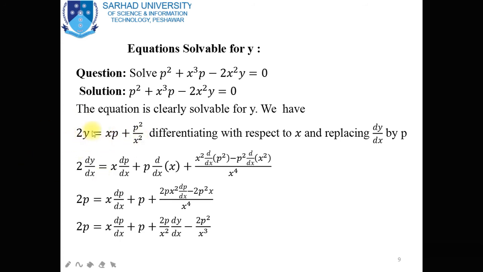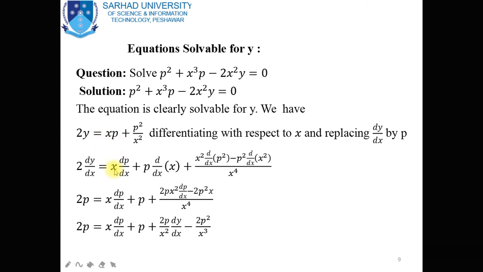And when y is expressed in terms of x and p, then in the second step differentiate the equation with respect to x and replace dy by dx by p. So 2 into dy by dx, differentiating the equation with respect to x, we obtain dy by dx is equal to, here we can differentiate this product by using the product rule.